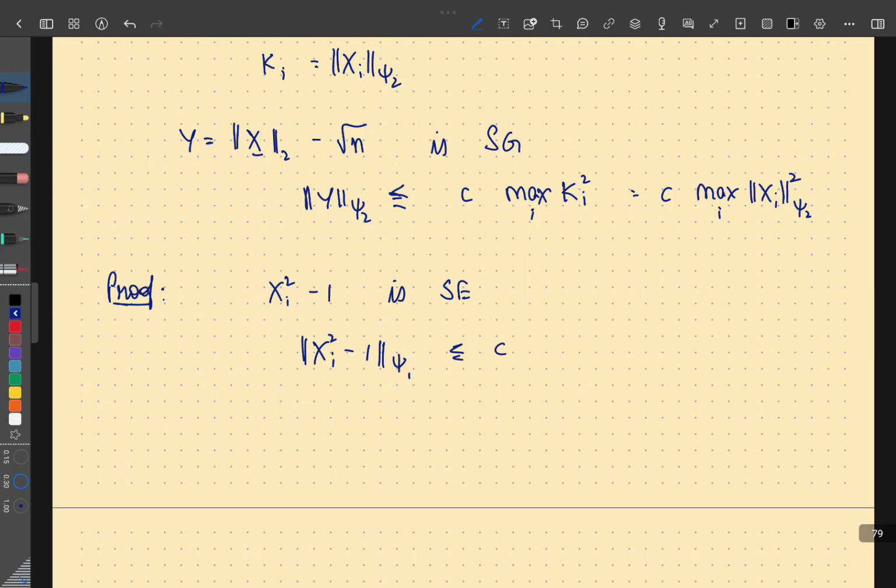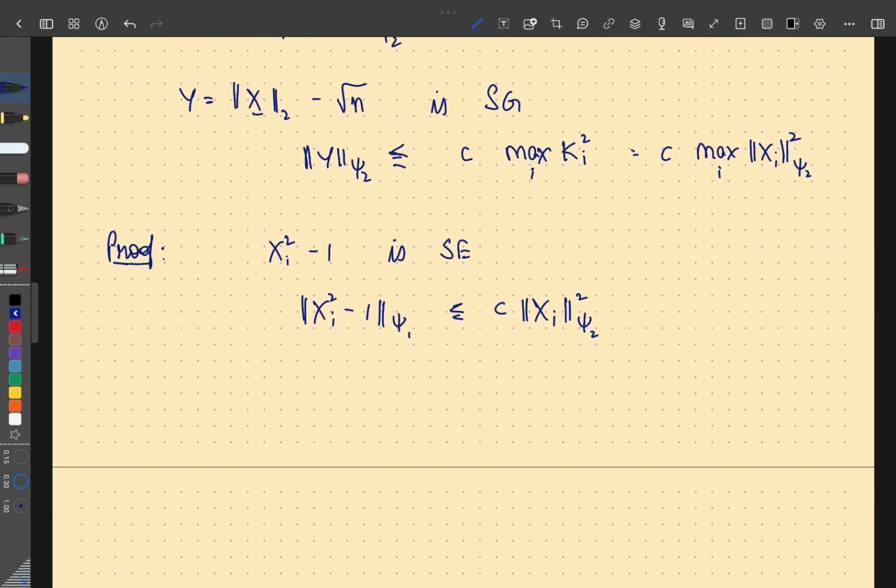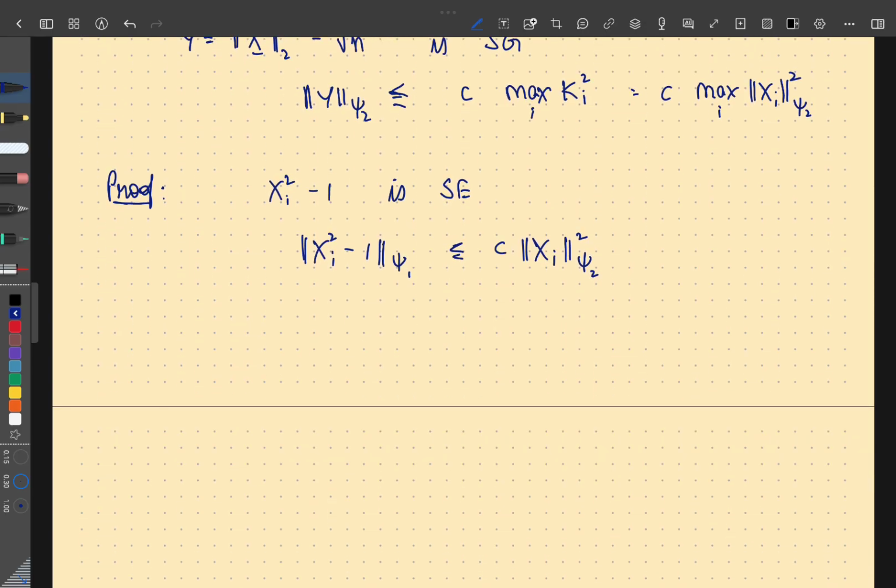Some universal constant times the subgaussian norm of xi, the whole square. So now, since this holds, I can therefore use Bernstein's inequality for this particular random variable.